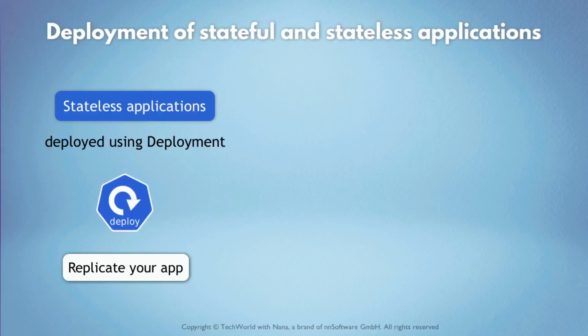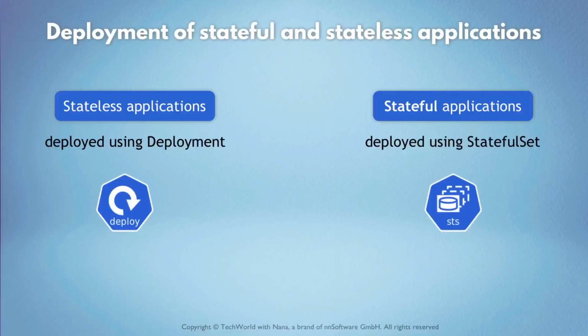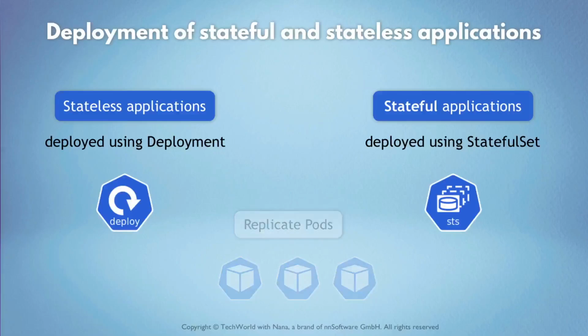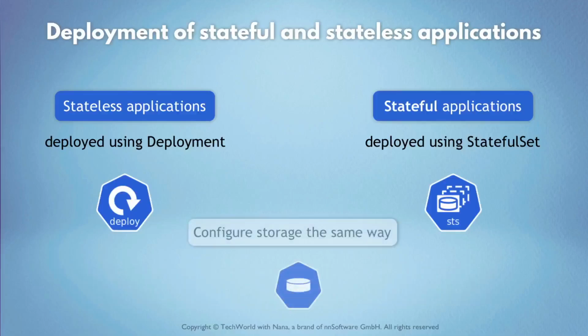While stateless applications are deployed using deployment, stateful applications in Kubernetes are deployed using StatefulSet components. And just like deployment, StatefulSet makes it possible to replicate the stateful app pods or to run multiple replicas of it. In other words, they both manage pods that are based on an identical container specification. And you can also configure storage with both of them equally in the same way.